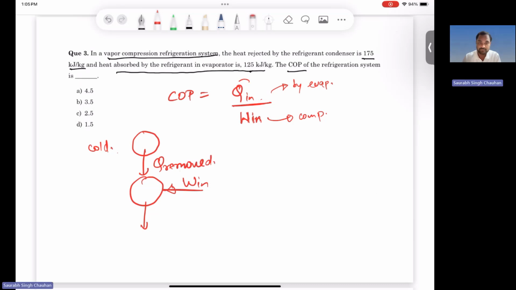So it is better to write it clearly, heat removed from the cold region. Okay, and you are throwing this heat to the hot region.